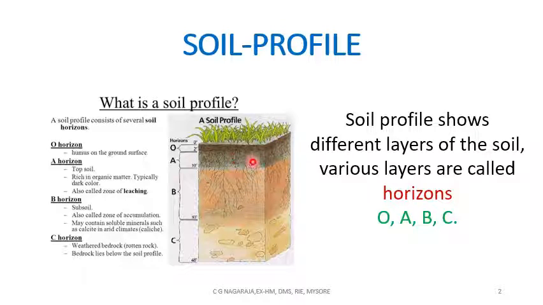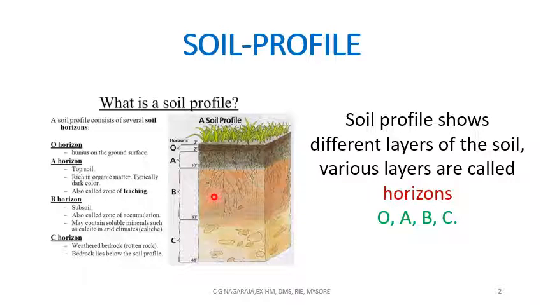The dead and decaying material are worked upon by the animals and also microbes to form humus, and the humus moves upward. That is the topsoil. It is typically dark in color. Normally, topsoil is dark in color, but the next zone, called zone B, is very important.